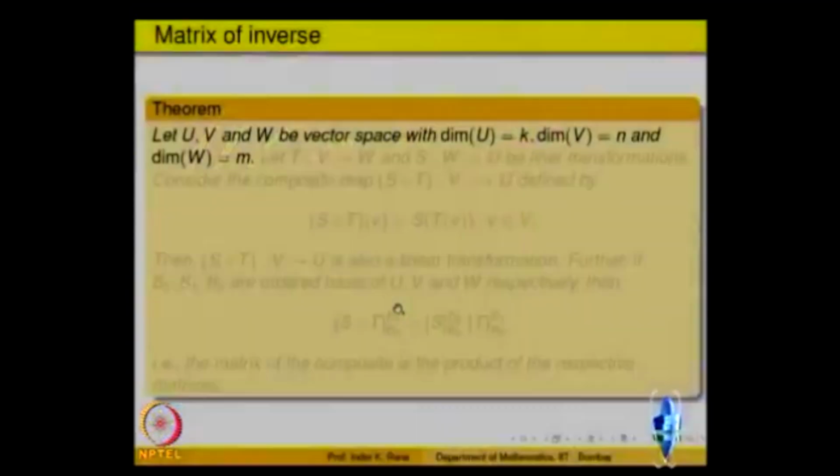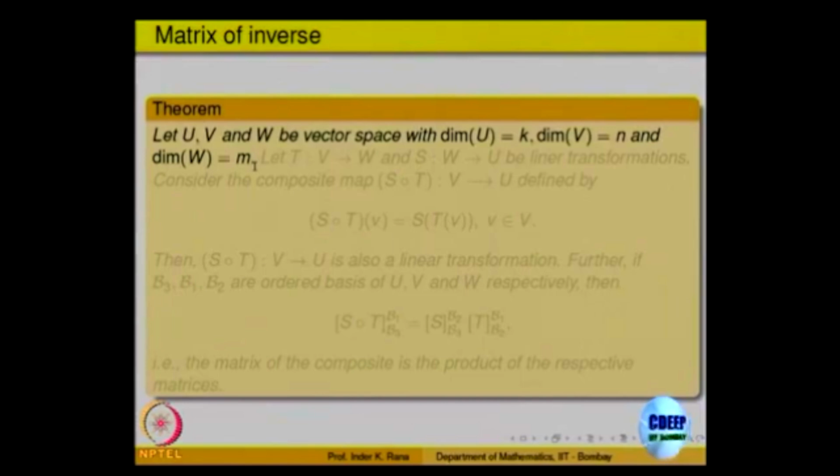For example, let us take three vector spaces U, V and W. Their dimensions are, dimension of U is k, dimension of V is n, and dimension of W is m. They are different dimensions, different vector spaces possibly. Now I have a linear transformation T from V to W and another transformation S from W to U, right.